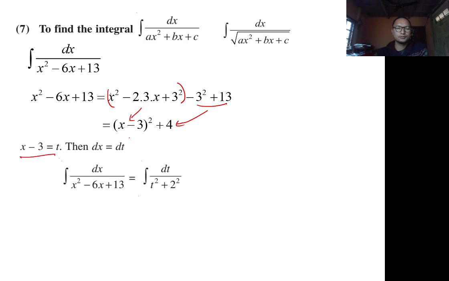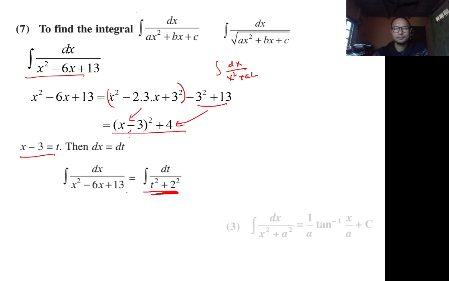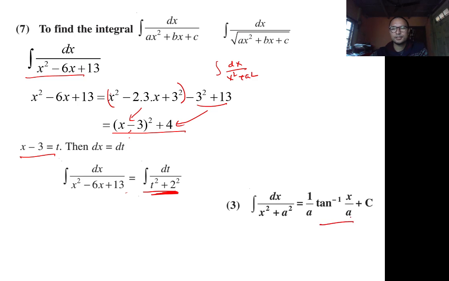So integrating, instead of this we put t. So this is t square plus 4, meaning t square plus 2 square. Now remember, what is the formula for x square plus a square? Remember that it is 1 by a tan inverse x by a.